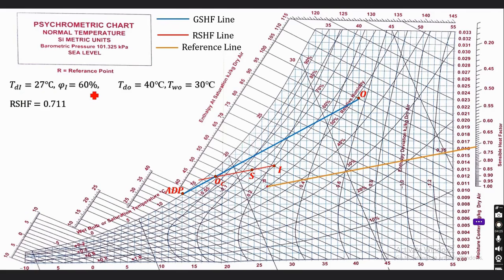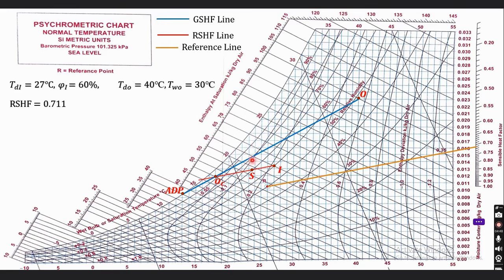So I got this I point over here. You can see this is the 27 degrees Celsius dry bulb temperature and this line is of 60% relative humidity. This I point is the inside condition that I have to maintain.